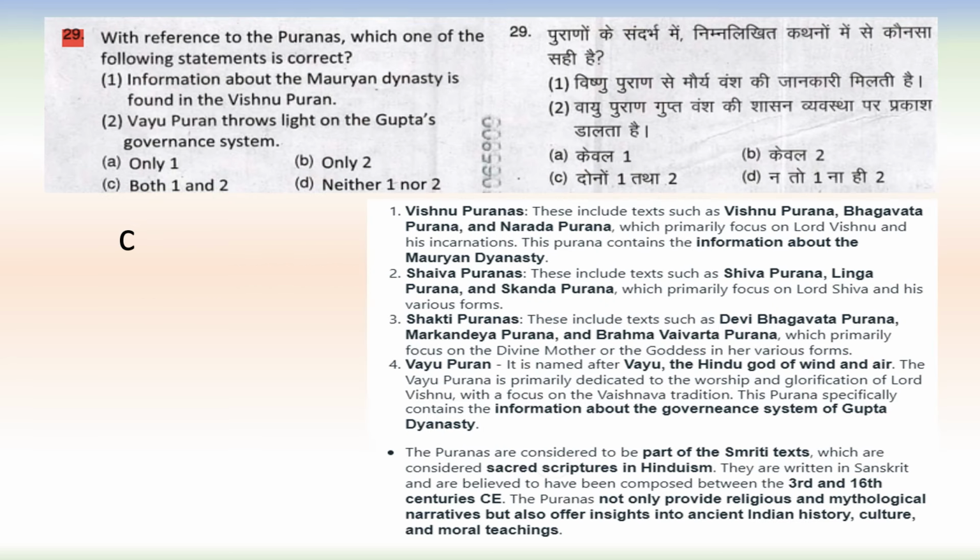Next one. With reference to the Puranas, which one of the following statements is correct? Information about the Mauryan dynasty is found in Vishnu Purana. Second statement, Vayu Purana throws light on Gupta's governance system. Here both are correct.